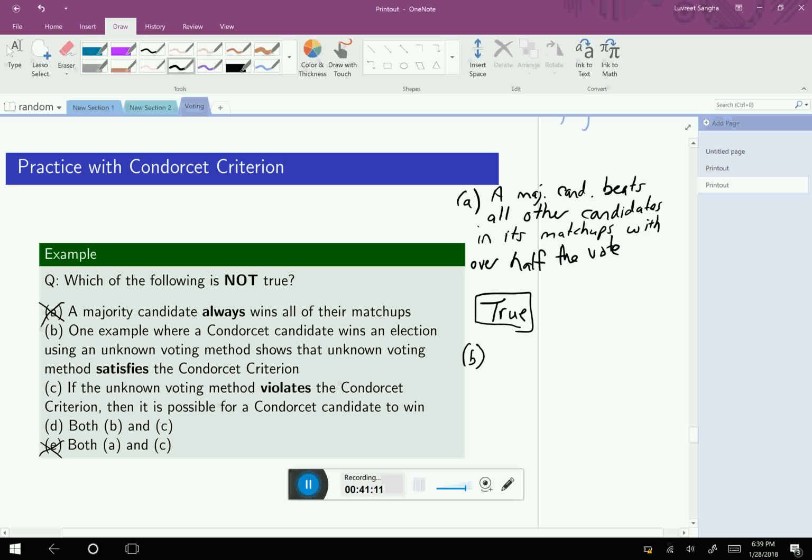So remember, to satisfy the Condorcet criterion, you have to show that a Condorcet candidate will always win an election in all situations. So all this says is that the Condorcet candidate wins in this one example, and I'm going to underline one example.